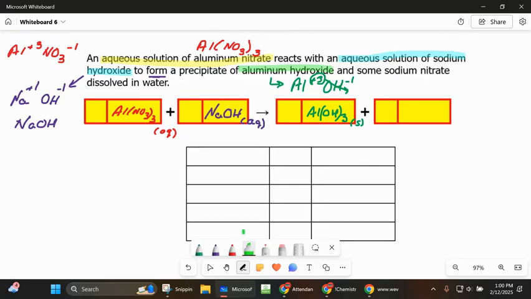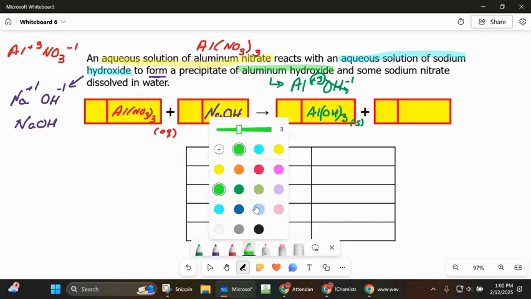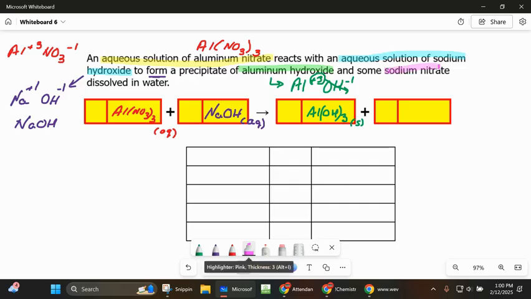All right. Last part of our equation here, ladies and gentlemen. And some sodium nitrate dissolved in water. By the way, what's another way of saying dissolved in water? Aqueous. We could do it either way. Okay. So now I need to write a formula for sodium nitrate. All right. What's my formula, Stephanie, going to look like for sodium nitrate?